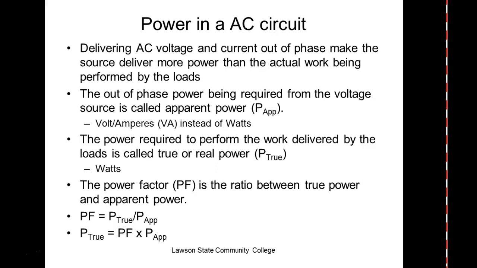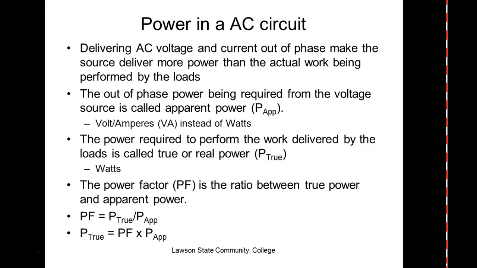So you'd end up paying more than what you're actually getting. So we have different methods. The power grid is predominantly inductive because all your transformers are nothing but a coil of wire. All your motors are nothing but coils of wire. So the power grid is primarily inductive, which means your current is lagging behind your voltage.